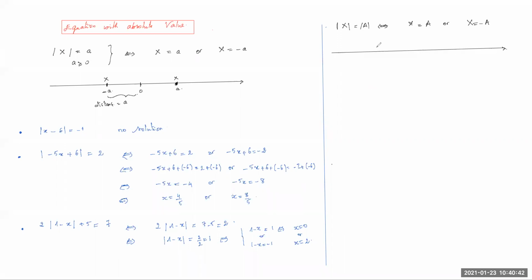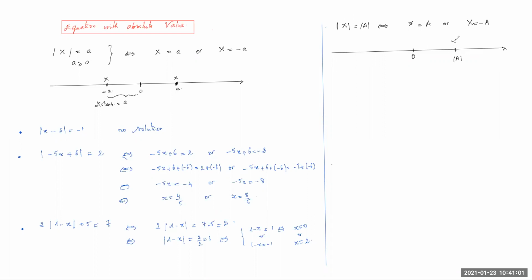So here is the origin. I'm looking for all the quantities x that have a distance to the origin equal to this number, the absolute value of A, which is positive. It's a positive number, so the same reasoning applies here.